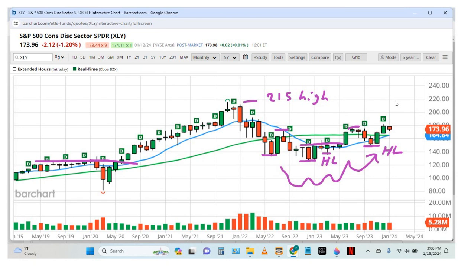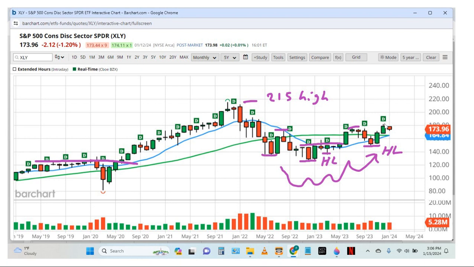Consumer discretionary has been a back and forth year until recently. It broke out, pulled back, and then gave us this little buy setup here on a monthly basis and created this higher low versus this area.